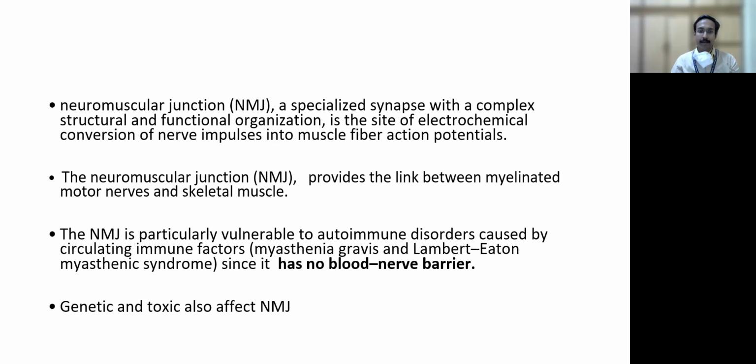It's an area where there are no motor nerve fibers at the junction, and also an area where there is no blood nerve barrier. Hence it's rather naked and more prone to autoimmune disorders. Not just autoimmune, but even genetic disorders and toxins can also affect the neuromuscular junction.